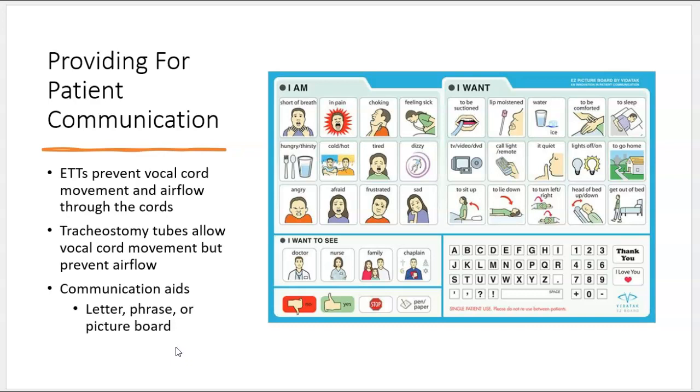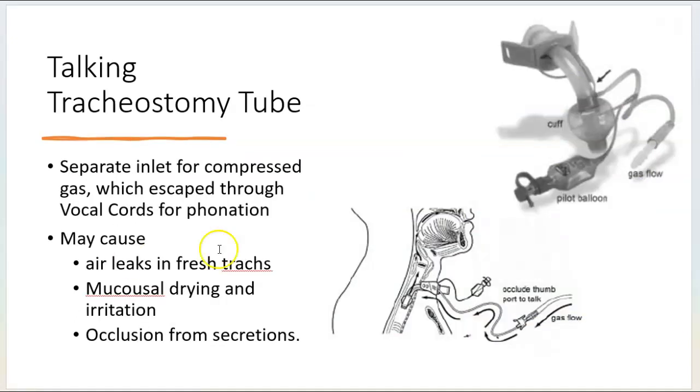Patients in a more chronic long-term setting might invest in those electronic devices so they can communicate more complex things. In those types of settings, speech therapy can help them pick the best devices to meet their needs.